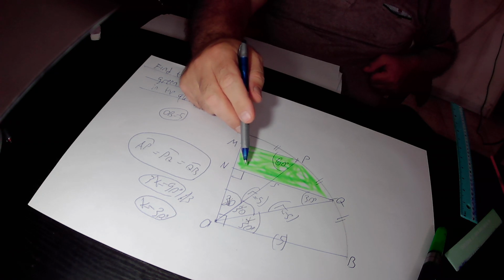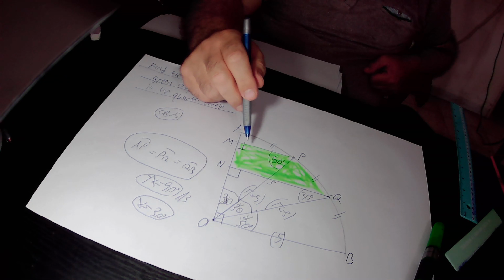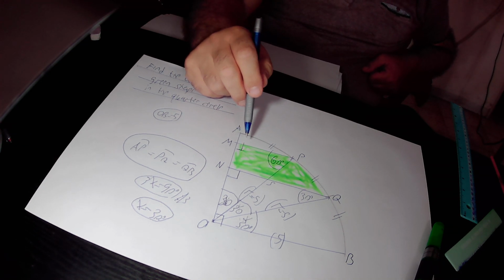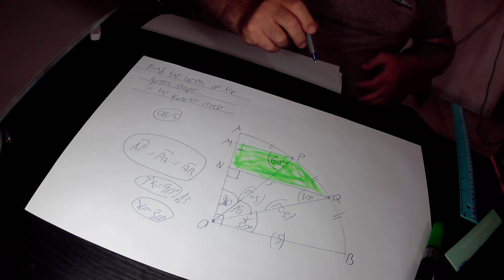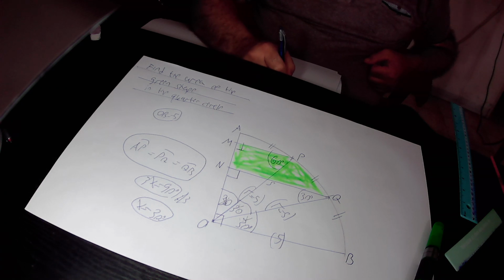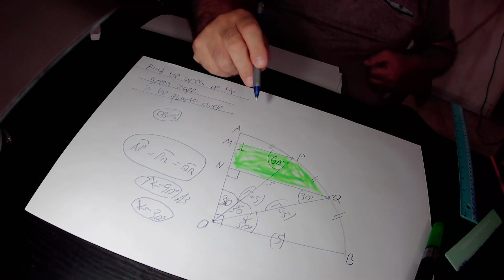And therefore, the area of the right triangle NPO must be equal to the sum of the two components that it consists of. This is to say, the area of this right triangle NPO must be equal to the area of the green quadrilateral MNSP plus the area of this right triangle NSO.